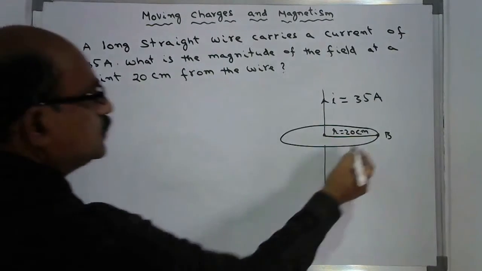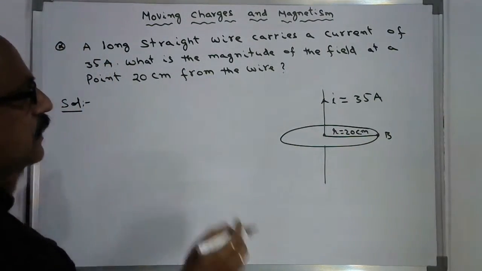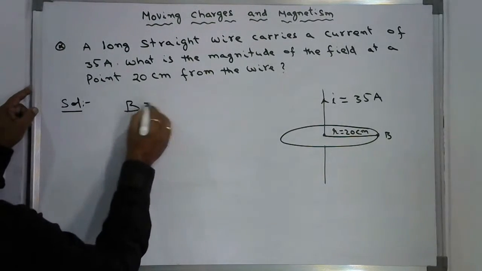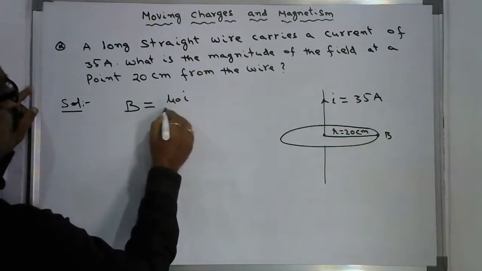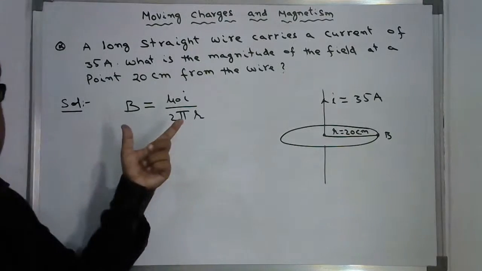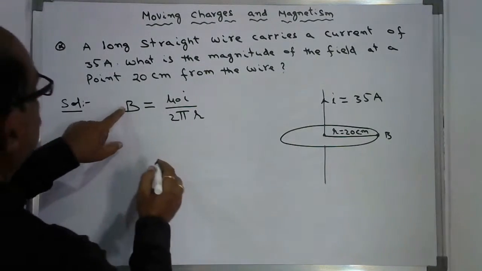So for this point, we derived the expression from Ampere's law: B is equal to mu naught I by 2 pi r. This is the necessary formula we have to apply. But what is the data given here?